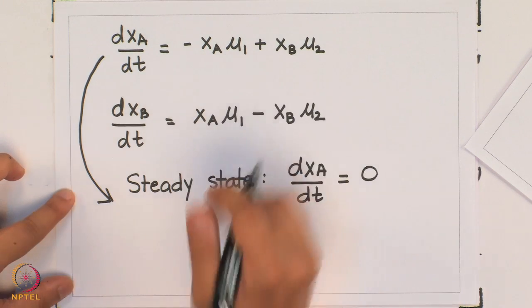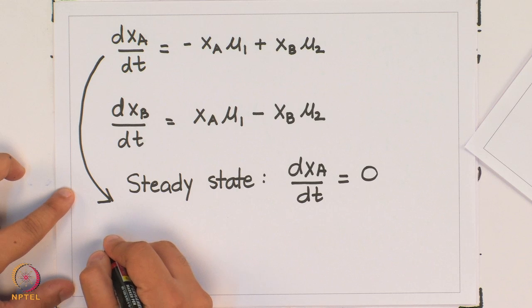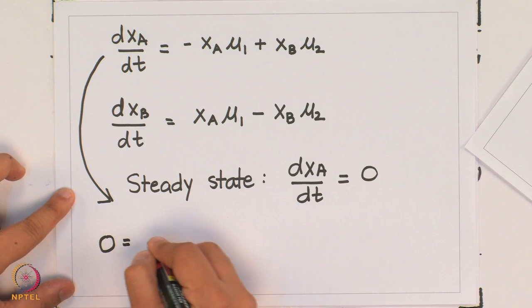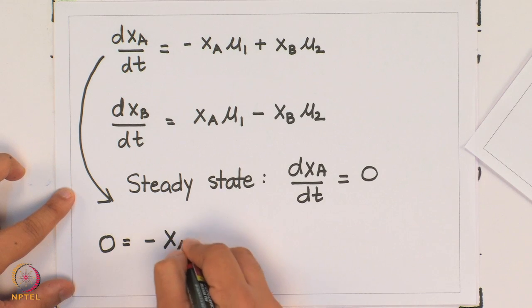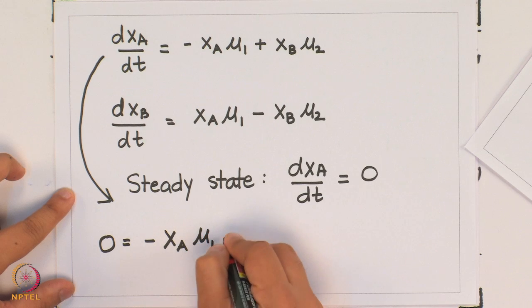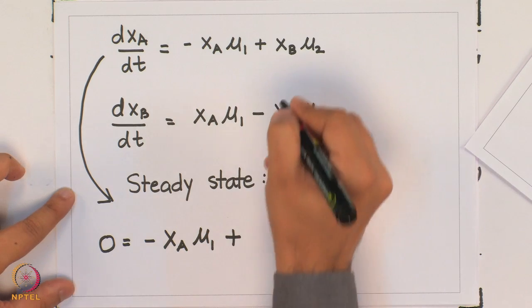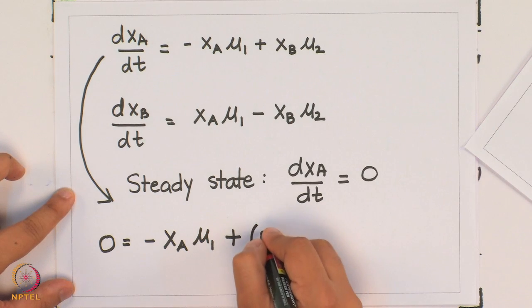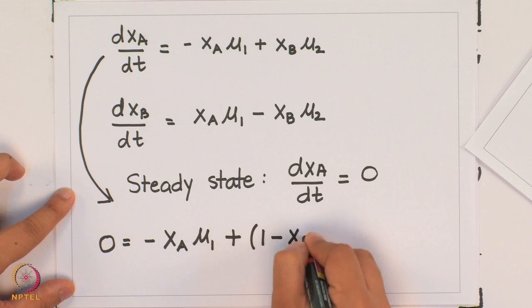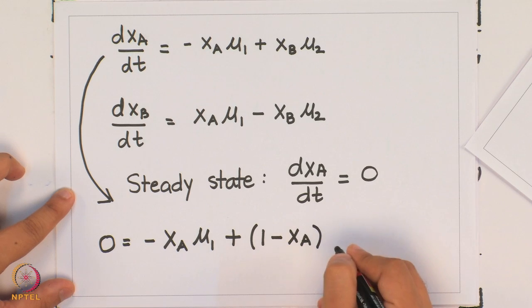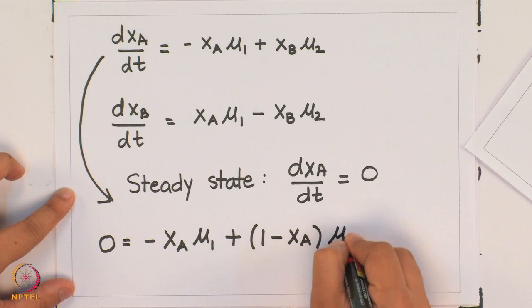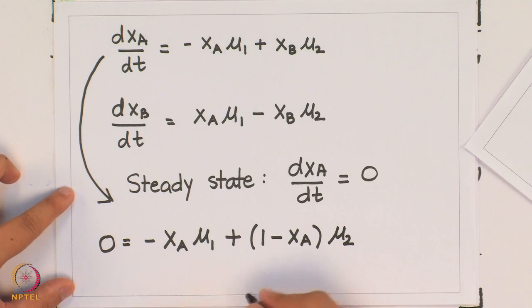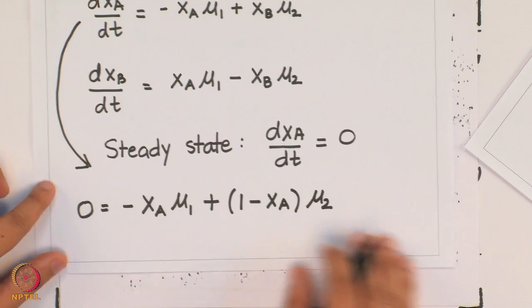To do that, I work with the right hand side of the equation and say 0 equals minus xa mu 1 plus, when it comes to xb, I should write (1 minus xa), because xa plus xb is equal to 1, times mu 2. That gives me the relationship at steady state when dxa by dt is equal to 0.